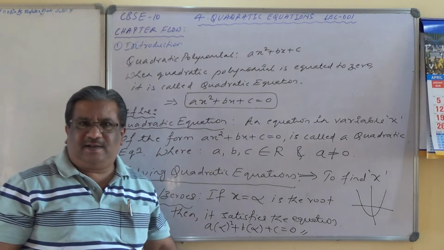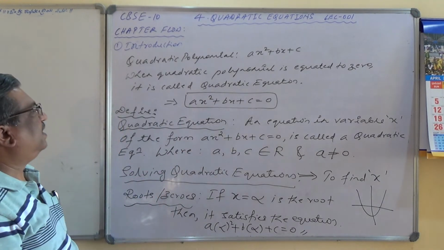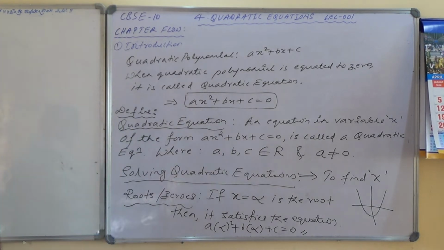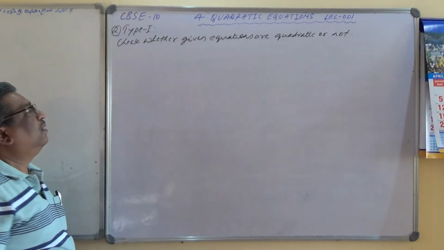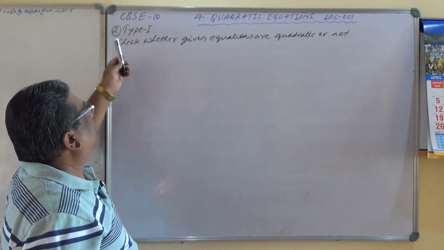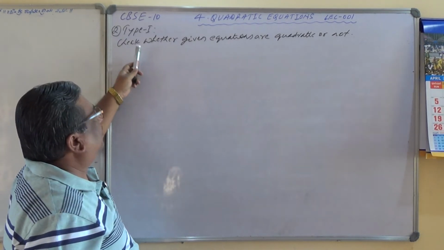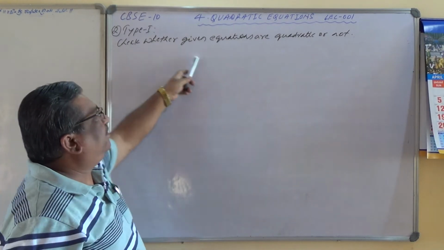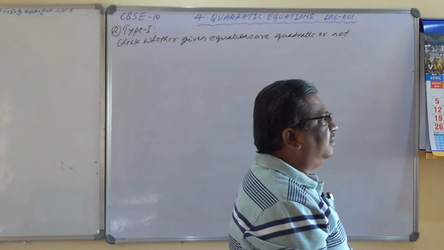Enough with that introduction. Let me start with the second concept, that is starting with numericals. So let us check now. Let us solve type 1 numericals of chapter flow 2. Check whether the given equations are quadratic or not.